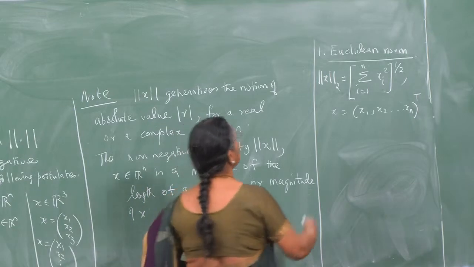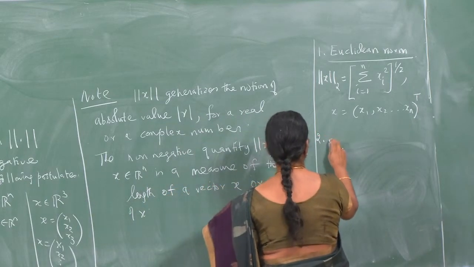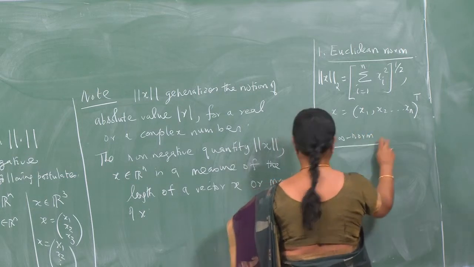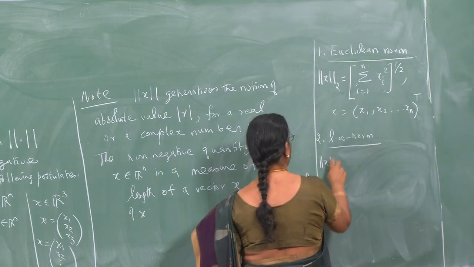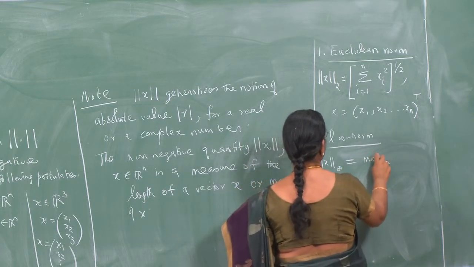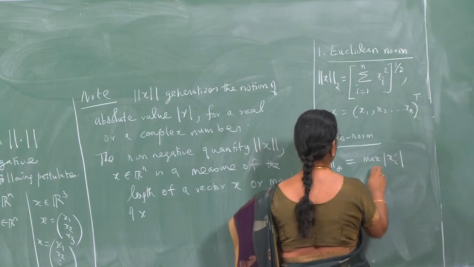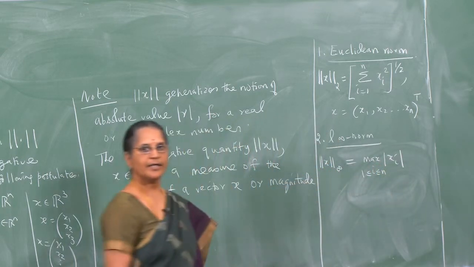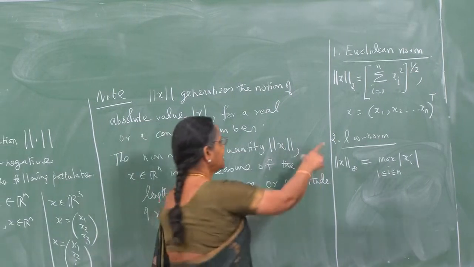Another commonly used norm is the L infinity norm. So, you denote that by norm x infinity. What is it? It is the maximum of modulus of xi for i lying between 1 and n. So, what is a norm?